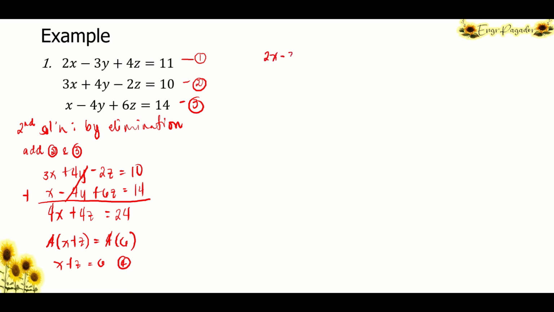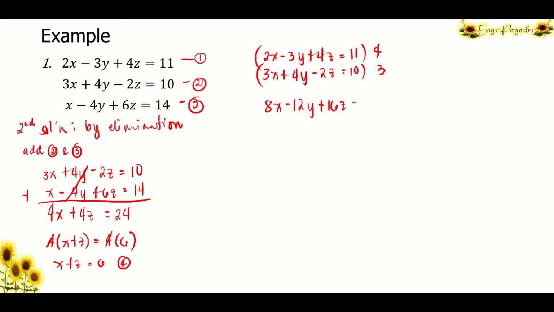So, 2x minus 3y plus 4z equal to 11 multiplied by 4. Okay? And then 3x plus 4y minus 2z equal to 10 multiplied to 3. So this will be equal to 8x minus 12y plus 16z is equal to 44. And then we have 9x plus 12y minus 6z equal to 30.